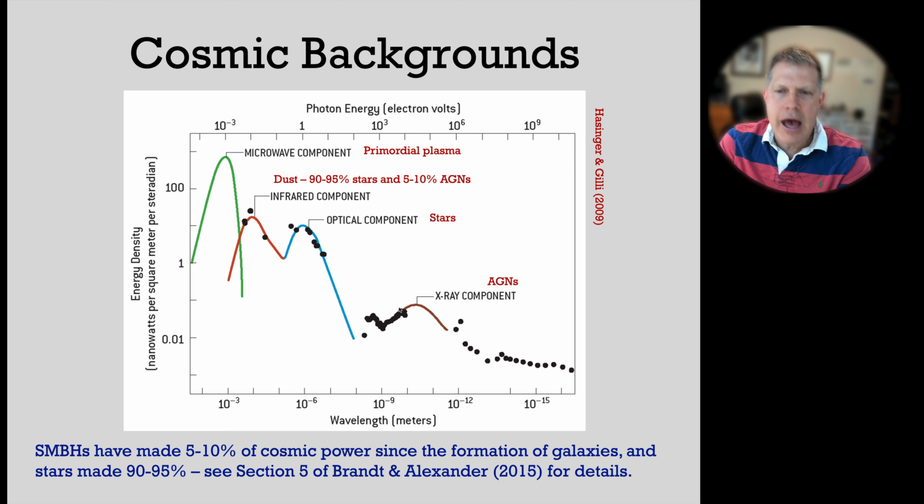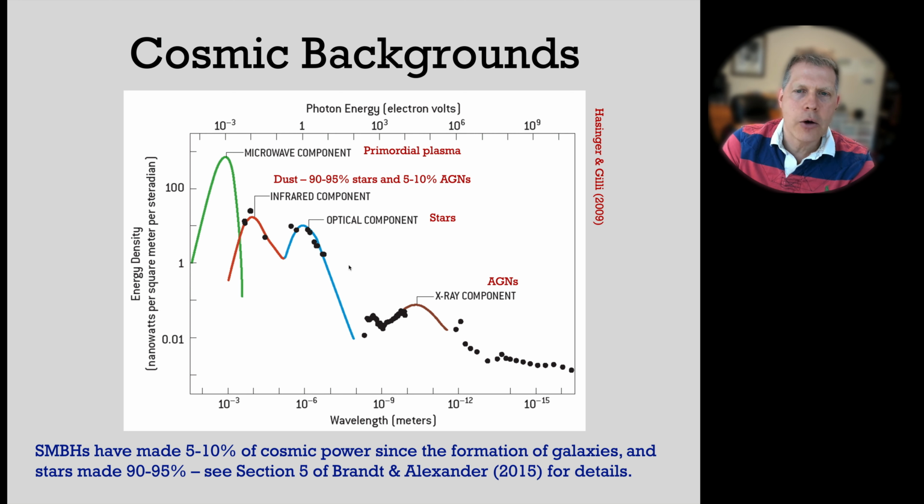However, now that we have very high quality X-ray surveys, very high quality infrared surveys, we can look at the growing supermassive black holes, which we think we have a quite complete census of. We can measure their infrared powers, and we find that the infrared component is sort of 5 to 10% from the AGNs, but is primarily from the stars.